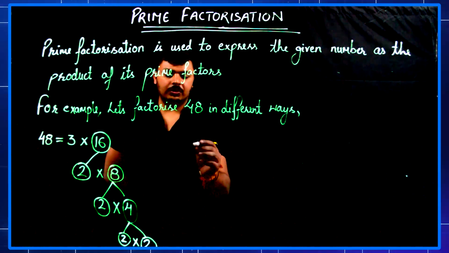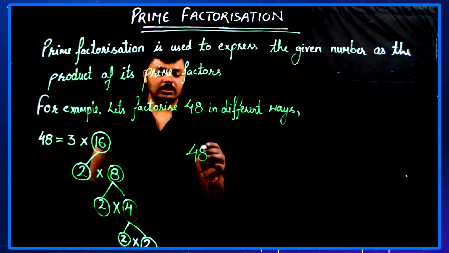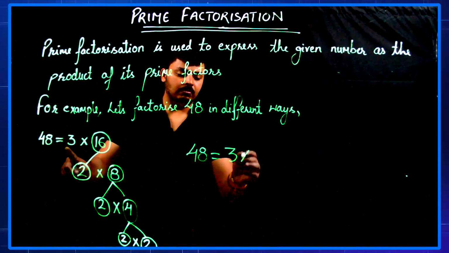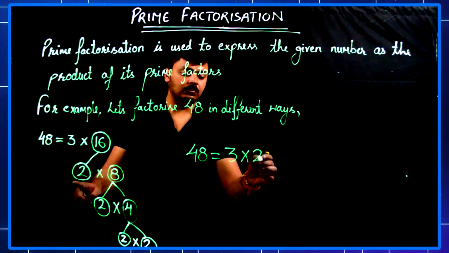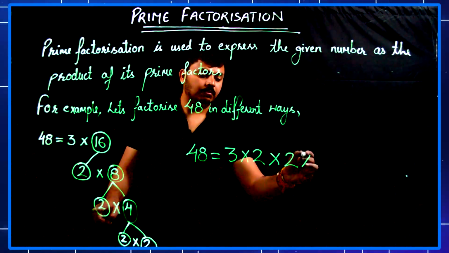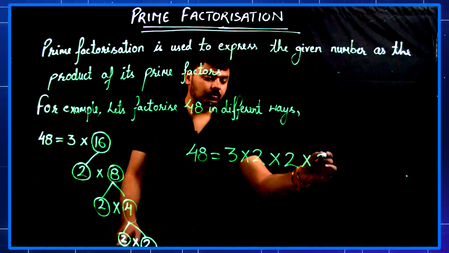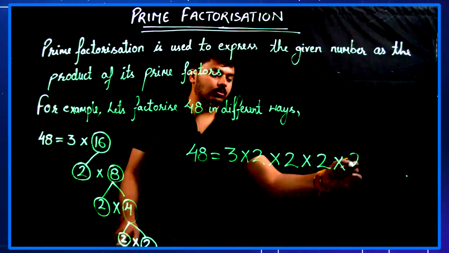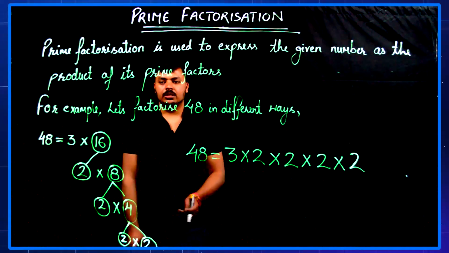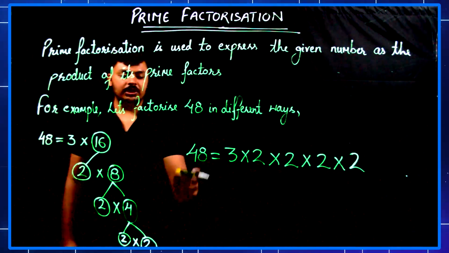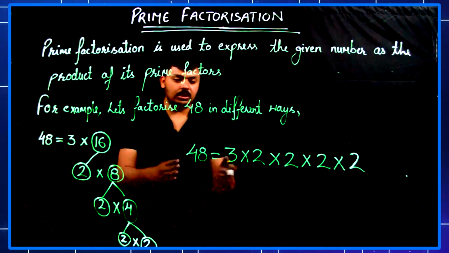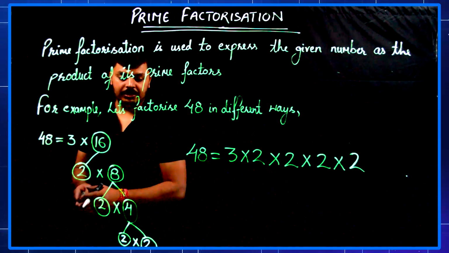So now we can write 48 as the product of factors 3 multiplied by 2 multiplied by 2 multiplied by 2 multiplied by 2. So we have expressed the prime factorization of 48 in a second way, different from what we did previously.